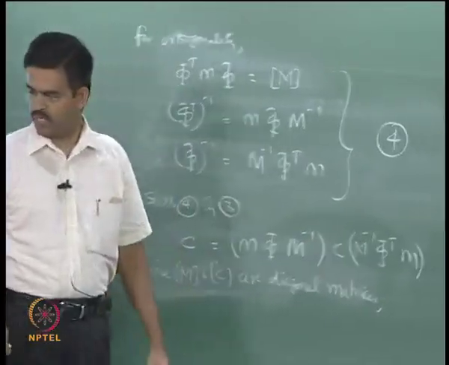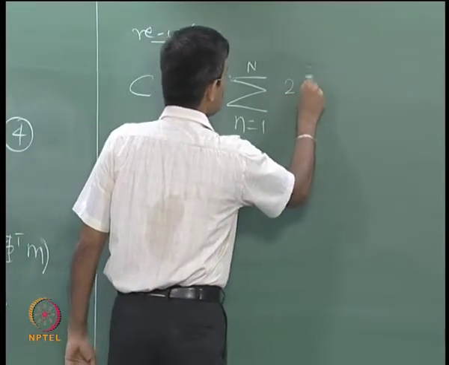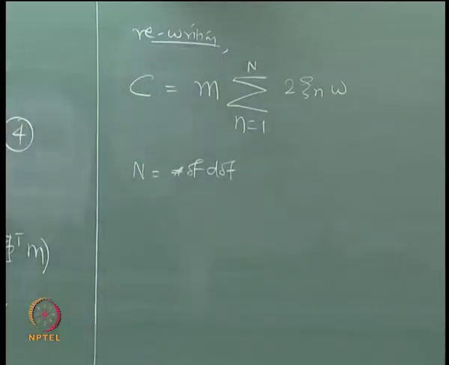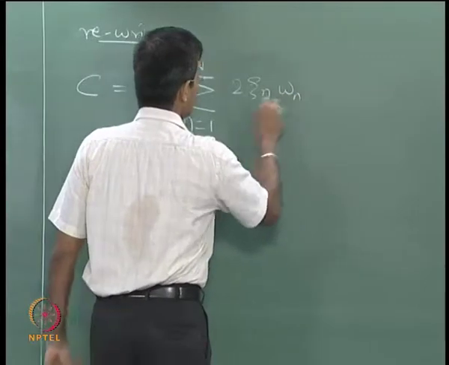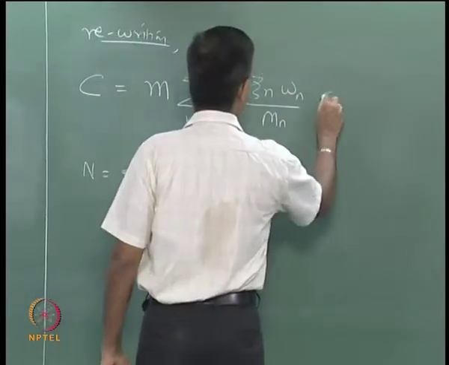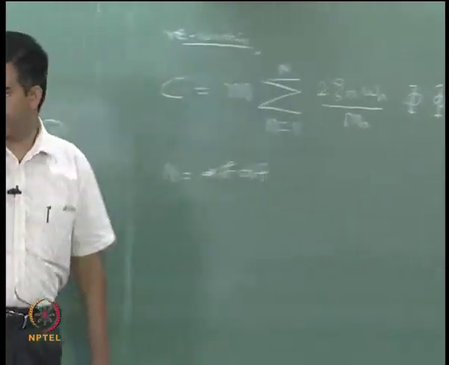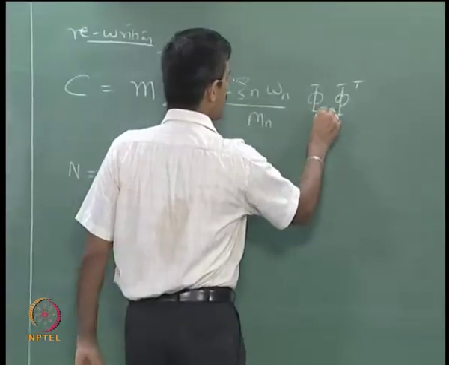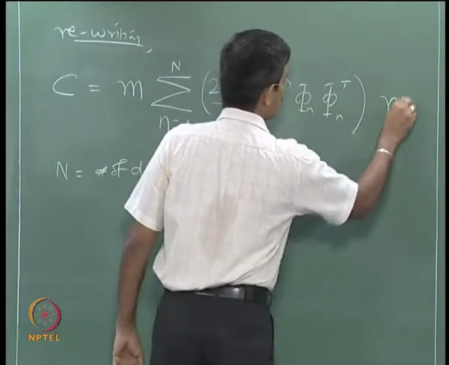So I can rewrite this slightly as the summation of 2 zeta n omega n by m n, times phi transpose of the nth degree of freedom, and multiply this with m further.